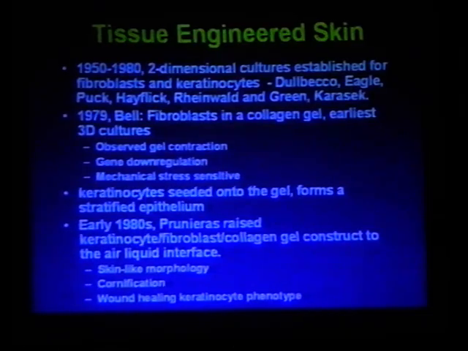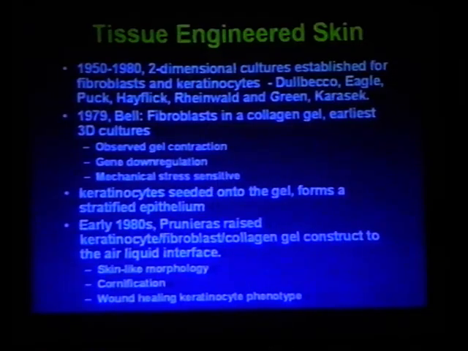So, three-dimensional cultures in this context go back to Eugene Bell in 1979, who put fibroblasts in a collagen gel and grew them in 3 dimensions. Now, there are several things that he noticed about these. First of all, he observed gel contraction. This may well be familiar to you.